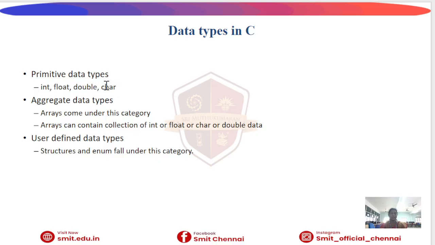Char is used only for characters like A, B, C, D. Next are the aggregate data types. Arrays come under this category, and arrays can contain a collection of similar data types. The next one is the user-defined data types. Here we have structure and enum, which fall under this category.